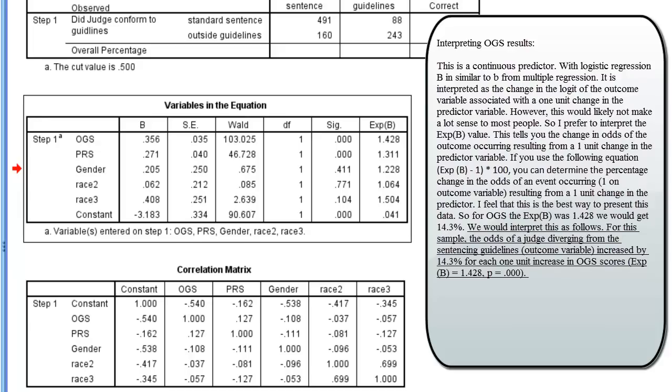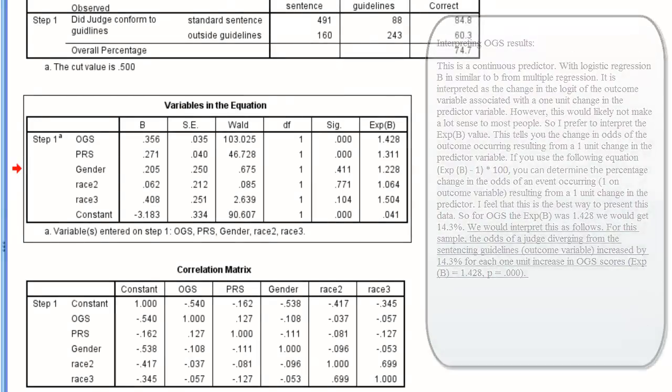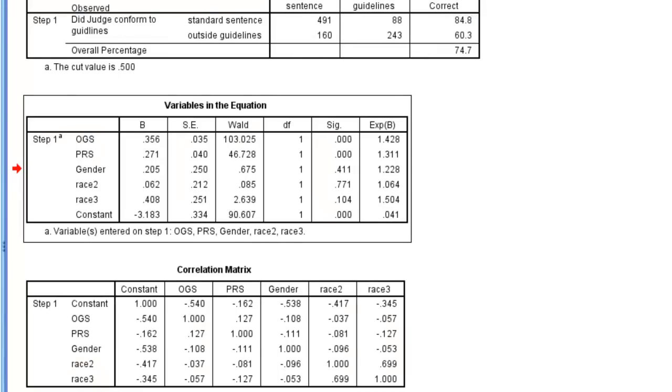In this case, that event is what was coded as 1 for our dichotomous outcome variable. In this case, that was a judge diverging from those sentencing guidelines and sentencing, essentially not using the guidelines as part of their sentence. So again, we could say for this sample, the odds of a judge diverging from the sentencing guidelines increased by 14.3% for each 1 unit increase in OGS scores.